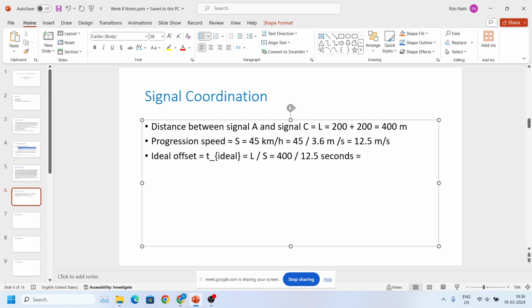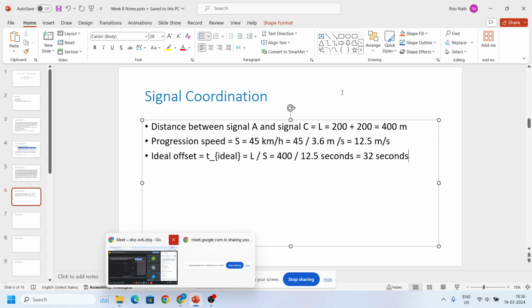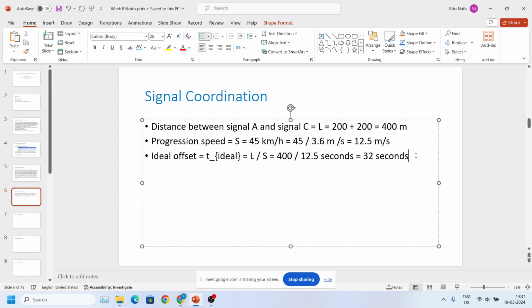So I think that gives you 32 seconds. Yeah, that's the correct answer. I think, yeah, in the chat you got it correct. Okay, so let's get into the next question. This one was relatively simpler, I think.